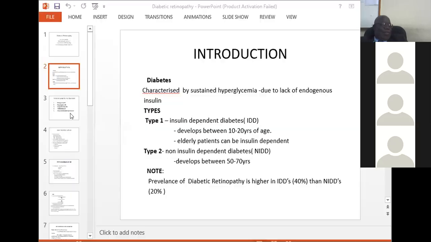The best treatment is to be sincere with the medication before the new vessels form. Once they form, I'm not sure a lot of people would have laser treatment in Zambia. Maybe those in Lusaka might have.